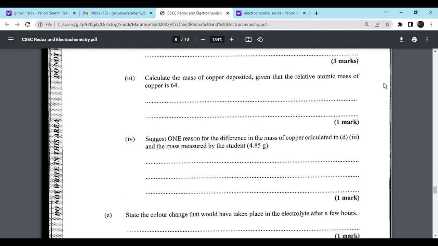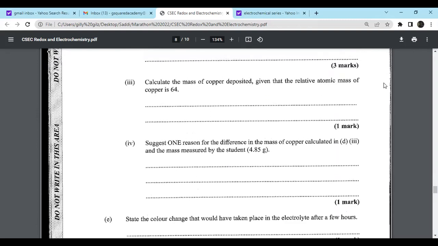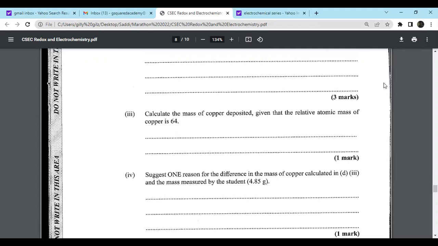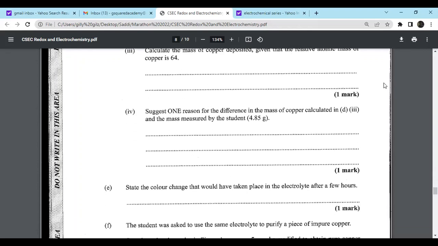All right. State one reason for the difference in mass of copper calculated in that and the mass measured by the student, 4.85.